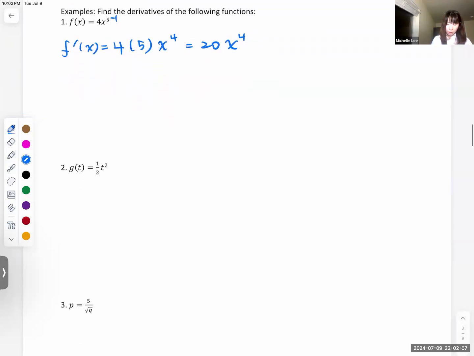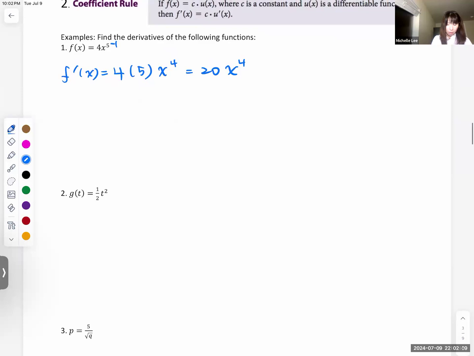Okay, second one. g prime of t, we keep the coefficient, we drop the power, reduce by 1, t to the first power, right? Okay, that will be, we can simplify. 2 over 2 is the 1. We have a t.